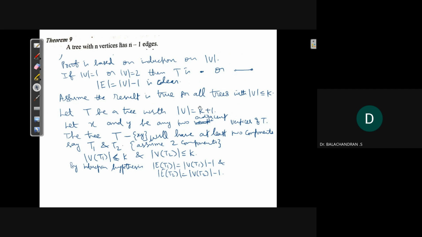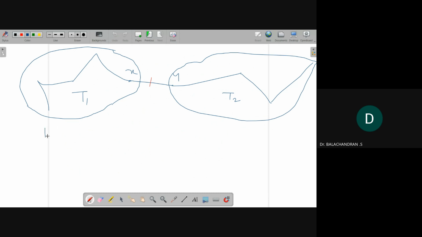So at least two components means the maximum number of vertices in T1 is small k. Similarly, the number of vertices in T2 is also less than or equal to k.